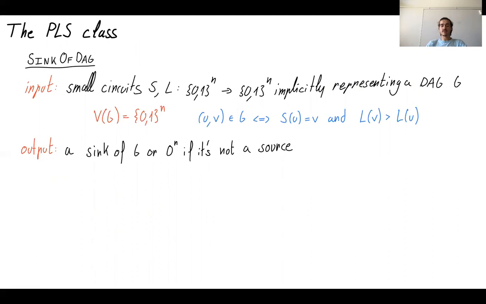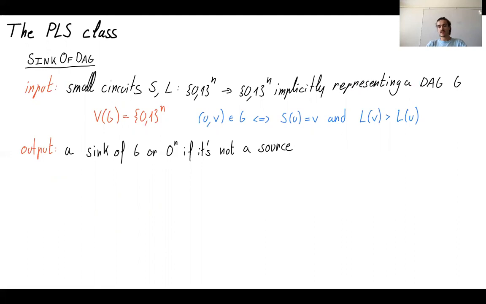But if you're given a graph, then it's easy to find a sink. The idea is that we're going to look at an exponentially sized graph, but which is defined in an implicit and small way. To make this formal, we have two circuits, S and L, for successor and level, which map bit strings of size n to bit strings of size n.